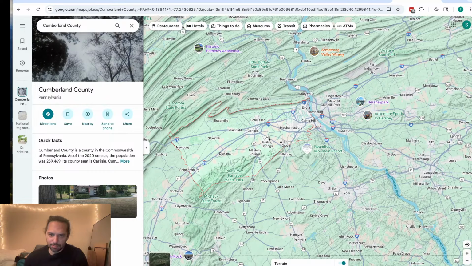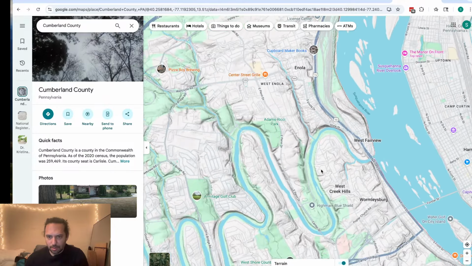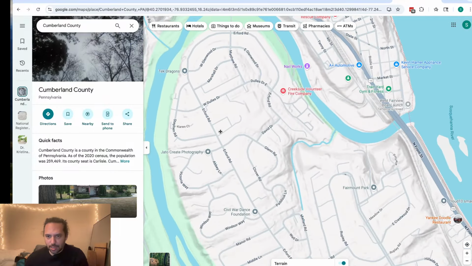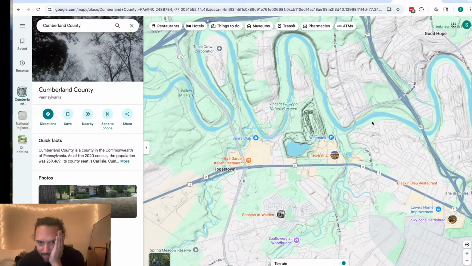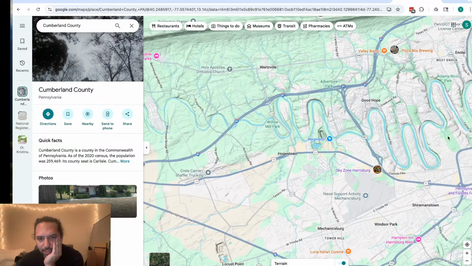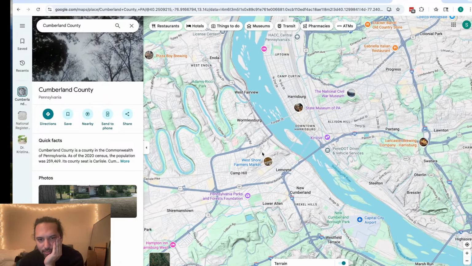Shoot. I should know this. Reveal yourself. What the heck? Google doesn't want to tell me the name of this creek, and it's slipping my mind. This is a major waterway. Well, in any case, this is Cumberland County. So we're talking at the very end of Cumberland County right here.